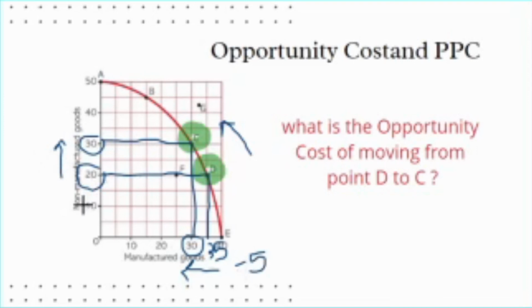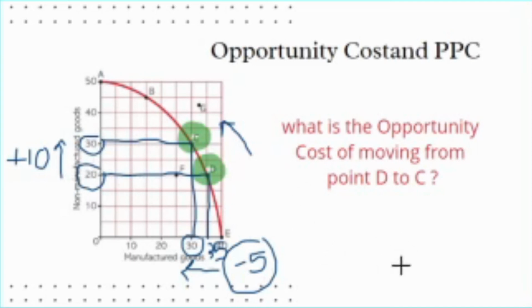If you look here, non-manufactured goods have now increased by 10 units, 20 to 30. So let's record it as plus 10. So if someone asks you, what is the opportunity cost of moving from point D to C? That is 5 units of manufactured goods, because we had to sacrifice 5 units of manufactured goods to increase non-manufactured goods from 20 to 30.